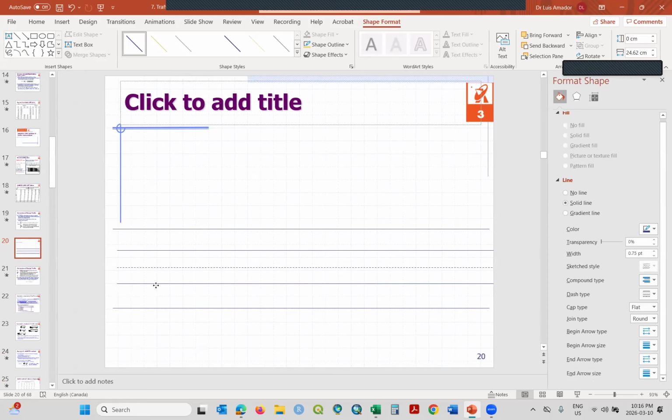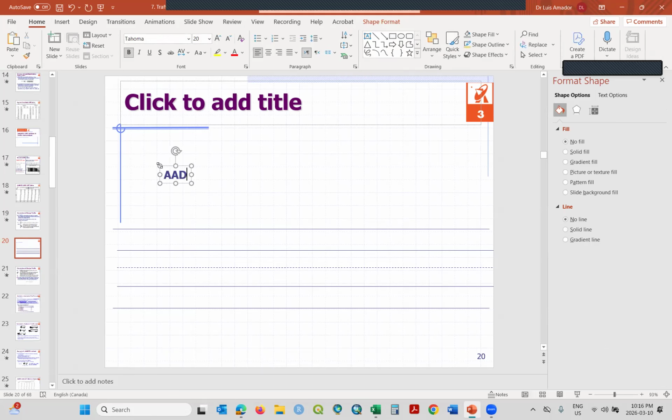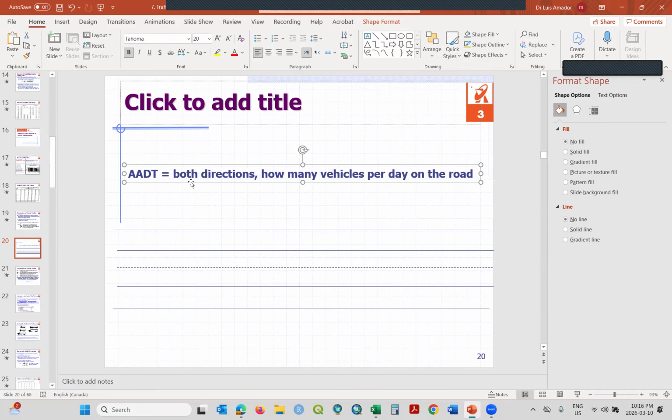So the AADT, if you remember, is considering both directions. It gives you how many vehicles per day you have on the road in both directions. And these vehicles will include trucks.